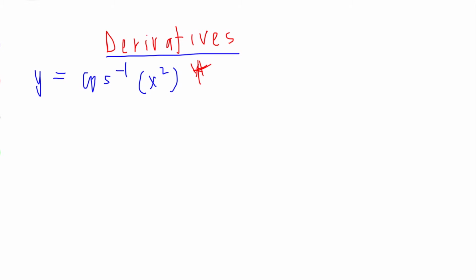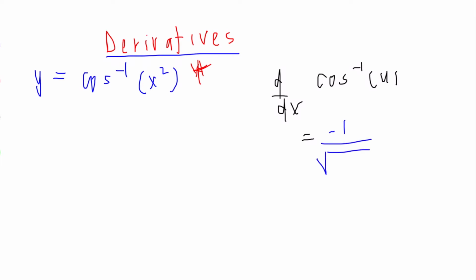The formula says the derivative d all over dx of cos inverse of u is going to be minus 1 all over the square root of 1 minus u squared, times the derivative of u.